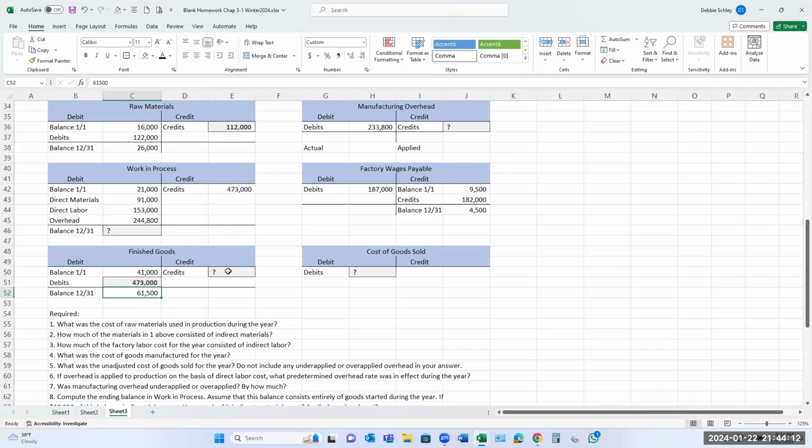Now I can figure out what the credits of finished goods are, which is, what was the cost of goods manufactured for the year? If it's finished, then that cost will be right there. So it'll be the credit from finished goods.